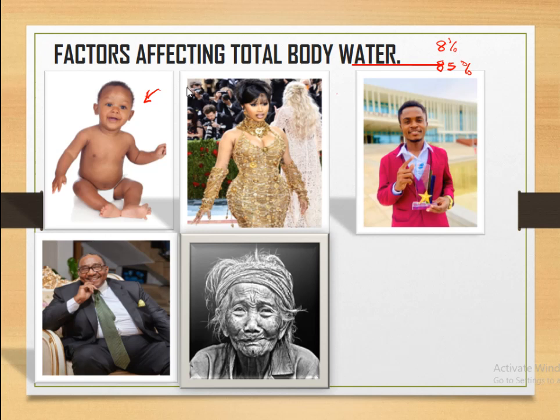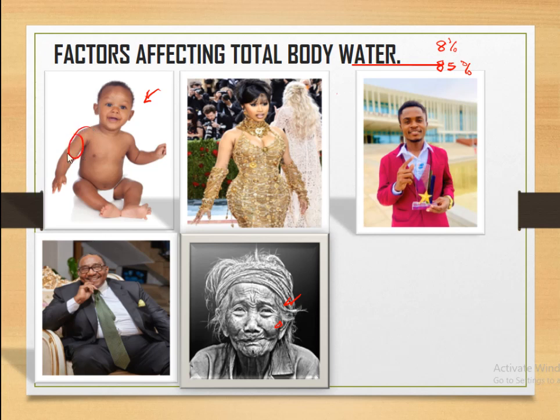If you check the texture of the skin of a child and the texture of the skin of this old woman here, you find a very big difference. The texture of the grandmother's skin is simply telling you that this person has less total body water as compared to this child.